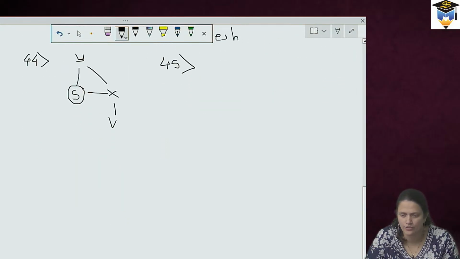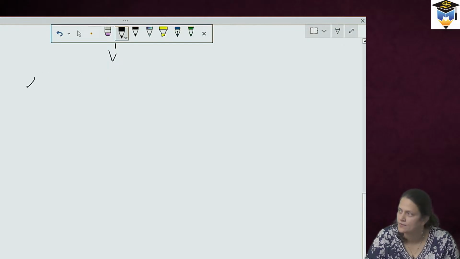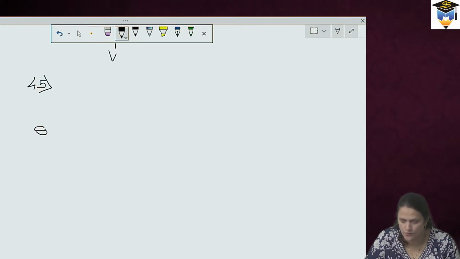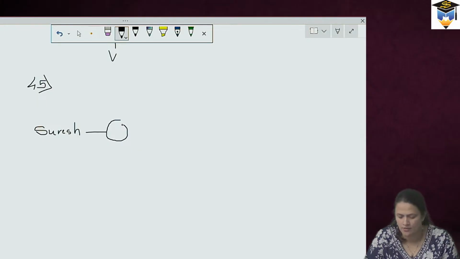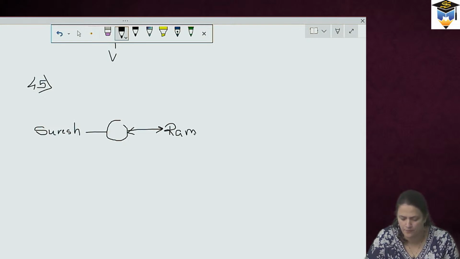I think I will draw it over here. He is Suresh, who has a sister. These are two siblings. Who has a sister who is the wife of Ram. She is the wife to Ram. Rohit is his son. And Ram's father is Madhur.